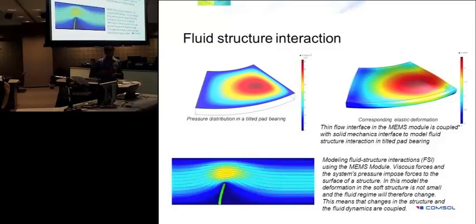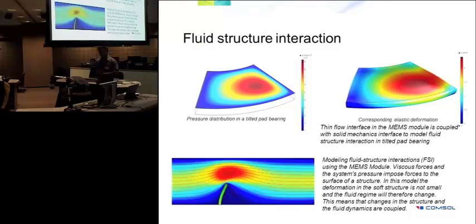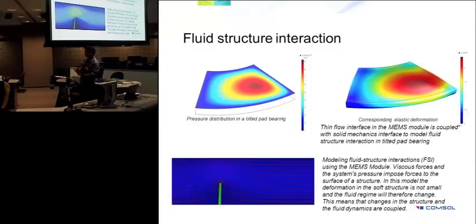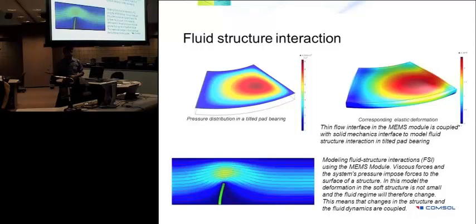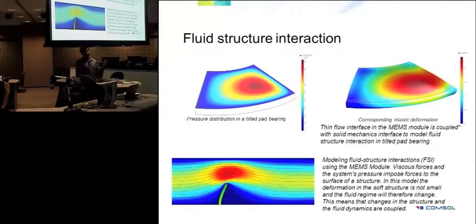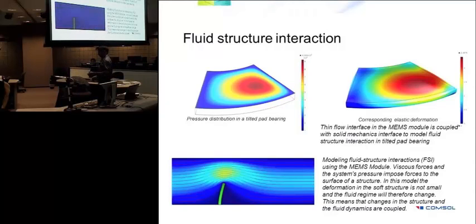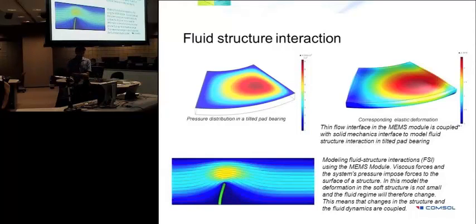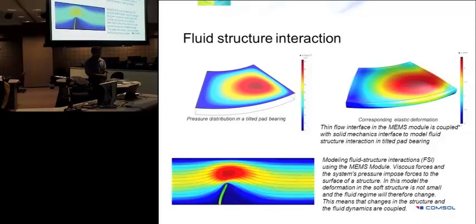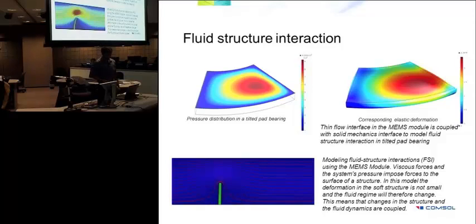So you have to solve a coupled problem, fluid structural mechanics. If the structural mechanics were not affecting the fluid mechanics at all, then you would just solve the fluid mechanics, use the load from fluid mechanics, and calculate structural mechanics. It would be a one-way coupled problem. But in this case, it is not so, because the fluid mechanics gets affected by structural mechanics or the deformation of the obstacle. So there's an interface for solving this type of problem as well, fluid structure interaction, in the MEMS module.